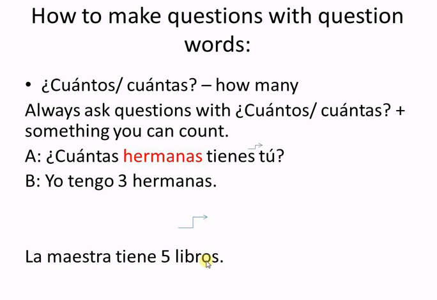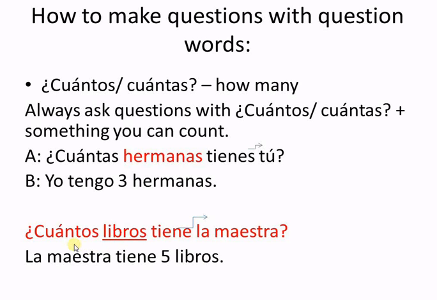So you should ask, how many what? How many books does the teacher have? So, ¿cuántos libros tiene la maestra? Now, maestra is the subject. Libros is the thing you are counting. So remember, after cuántos or cuántas, you need to have the thing you are counting right after it.